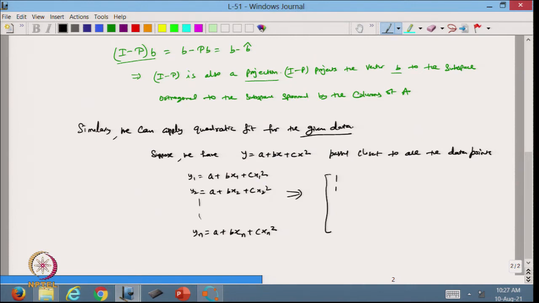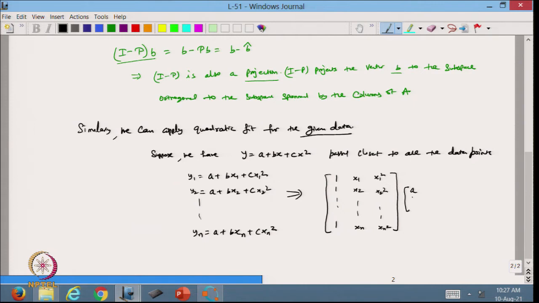So, I will get the matrix 1 1 1, then here I will get x1 x2 xn and x1 square x2 square xn square.